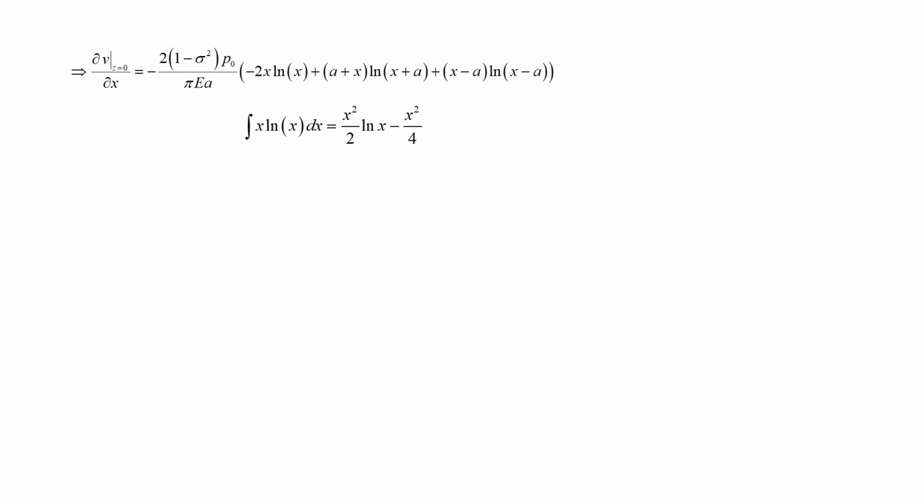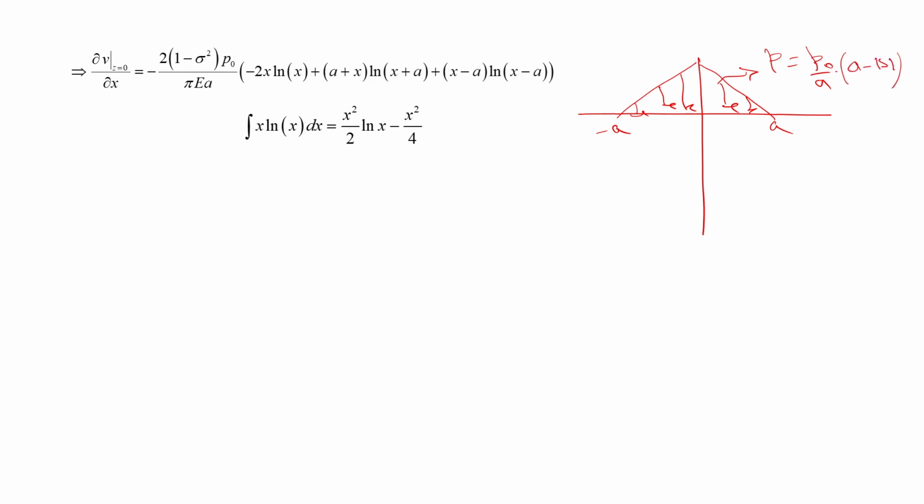Remember in the last lecture I derived this expression of del v by del x, that is the gradient of vertical deformation at the surface of this elastic half space that is subjected to this kind of linearly varying loads, where this particular load can be written as P is equal to P 0 by A into A minus S, and this is at a distance S like that, and this is at x.